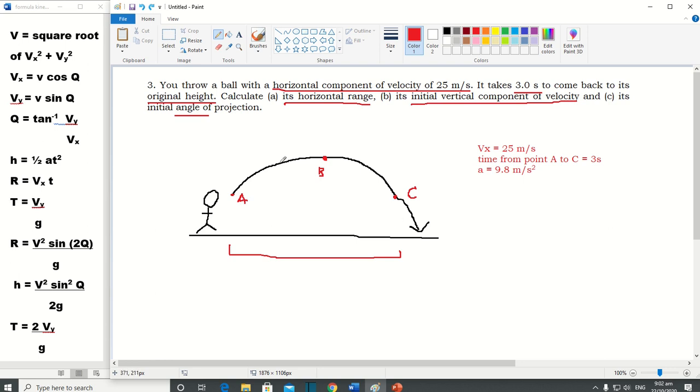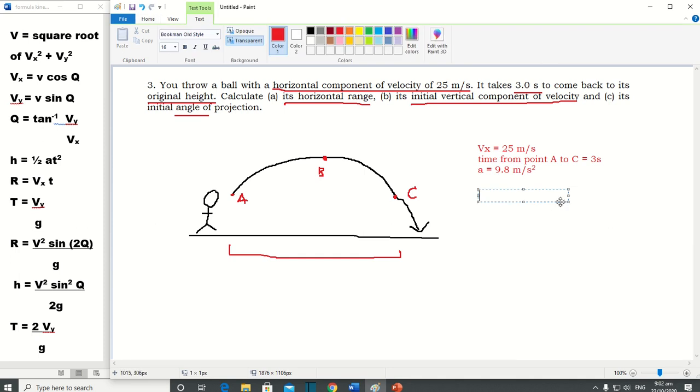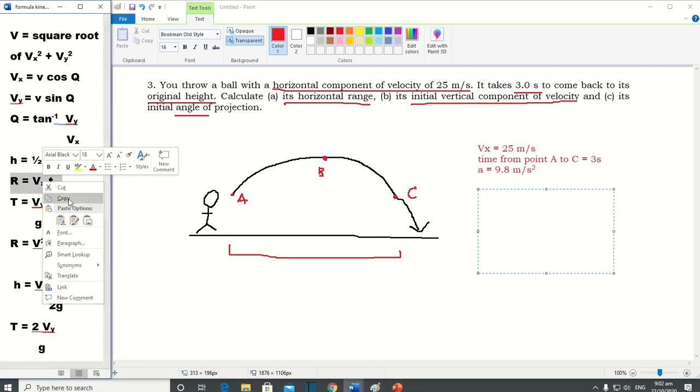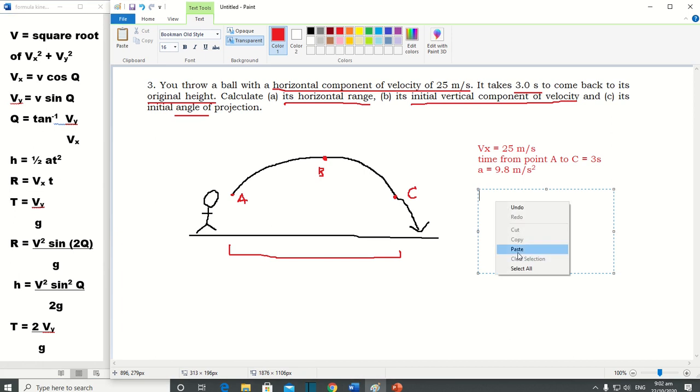So what is the formula to find our range? We have v sub x, and we also have the given time. It's simple, we can directly make use of this formula.